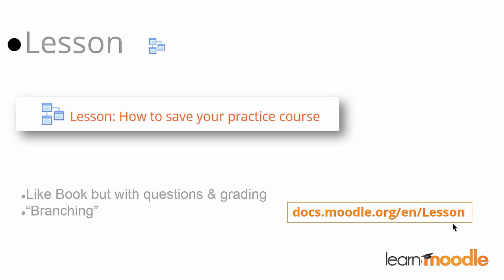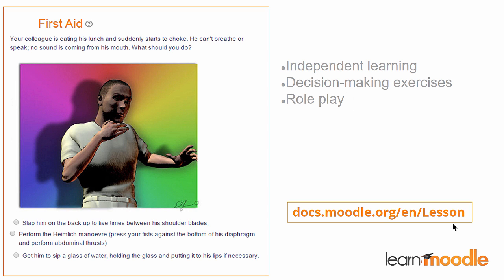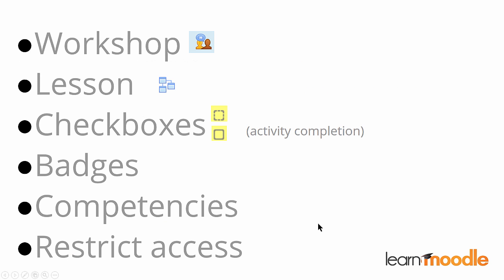Its major feature is its branching option, which means that students can be sent to different pages according to how they respond to your questions. This makes it ideal for independent, personalised learning and decision-making exercises, role-play scenarios, as you can see here with this first aid simulation. You can find out more in the documentation on the lesson activity.